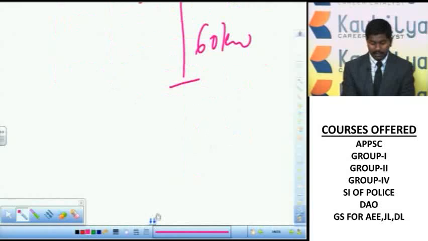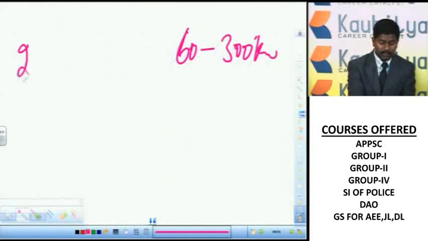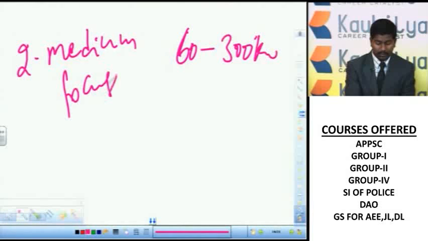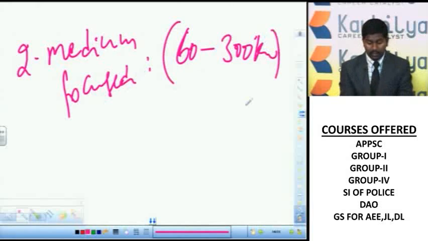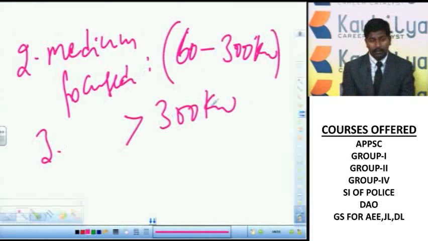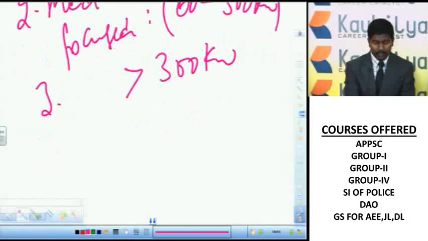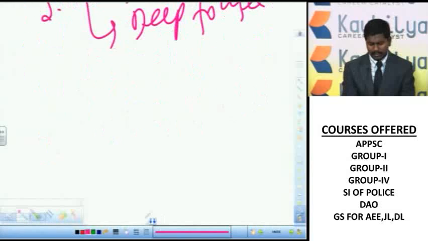When the depth of the focus is 60 to 300 kilometers, it is called a medium focused earthquake. When the depth of the focus is more than 300 kilometers, it is called a deep focused earthquake. You can understand it in a very simple manner.